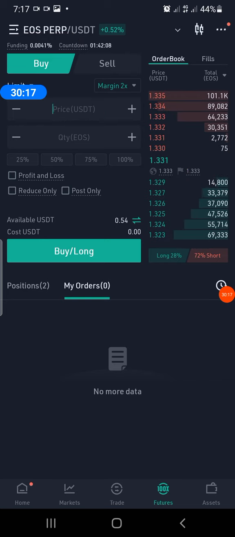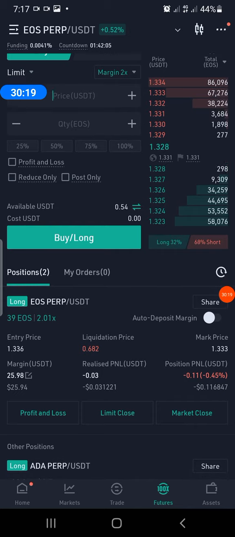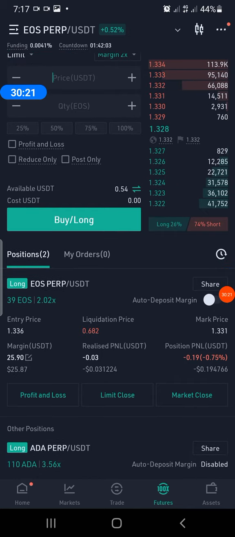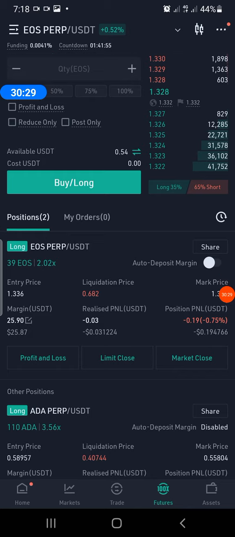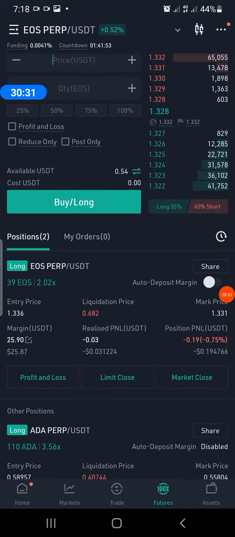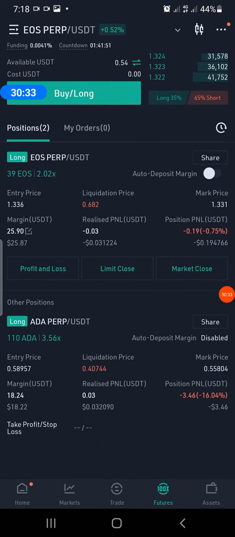Now the market is going. As you can see, the market keeps on going down. This is my open position. This order has been running for some days.